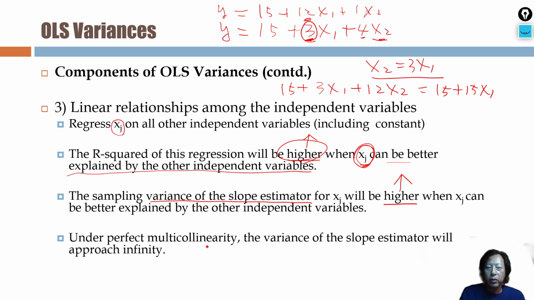Under perfect multicollinearity, the variance of the slope estimator approaches infinity. So how many different numbers can we have? In the perfect case, you can have infinitely many, right?